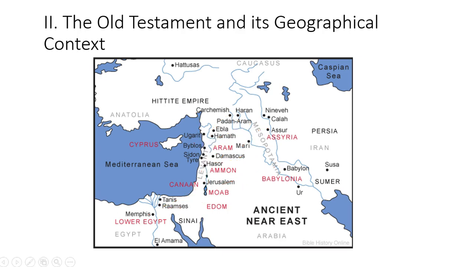And so, as we'll see from already in the book of Genesis all the way to the end of the Old Testament, Israel is constantly, it seems, under attack by some of these other nations. And in fact, a big part of the purpose of the Old Testament is to explain those constant challenges religiously and theologically. In other words, why does their God constantly allow them to be defeated by these other nations?